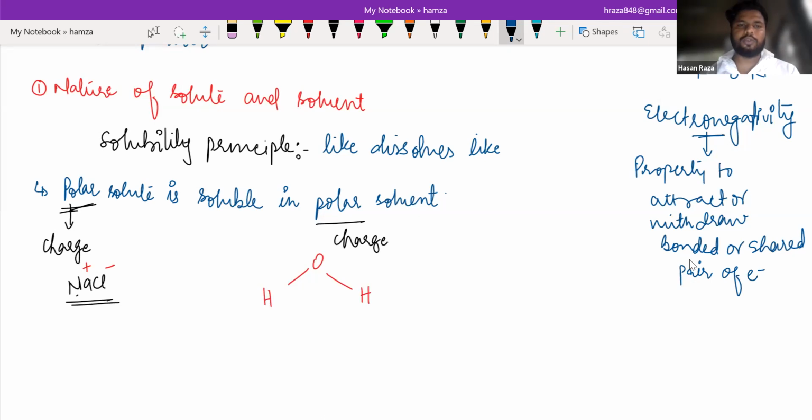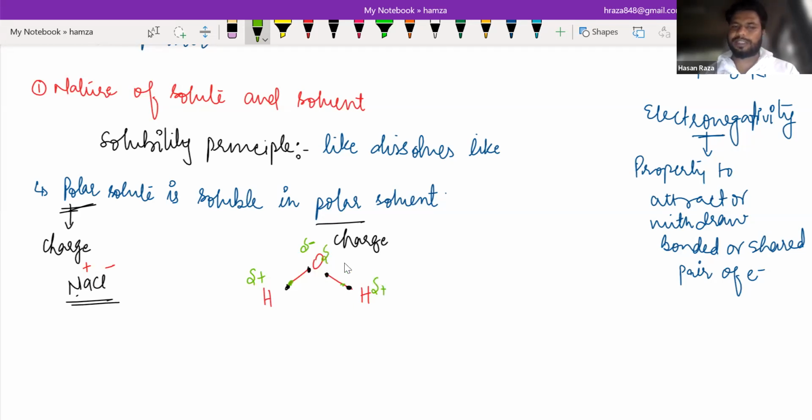You should know that hydrogen has its own electron in bonding position like this, but oxygen is a very electronegative element. So what will oxygen do? Hydrogen's electron will be slightly displaced towards oxygen. So oxygen will have delta negative and hydrogen will have delta positive. In the same way, this hydrogen will also have delta positive.